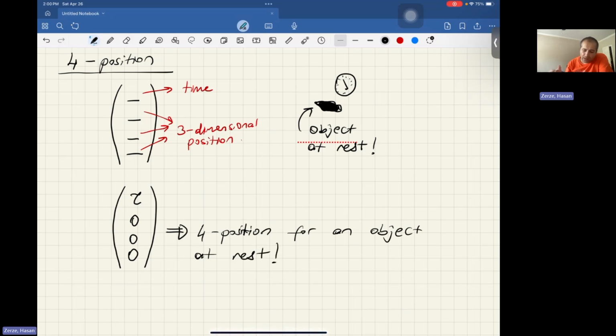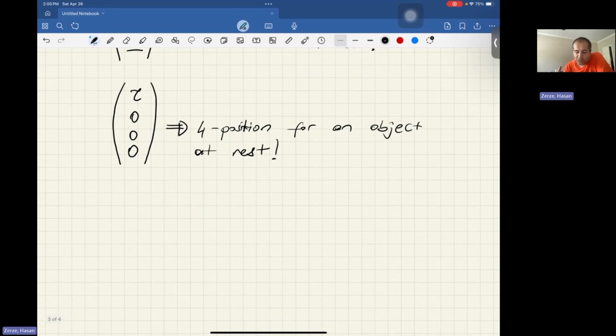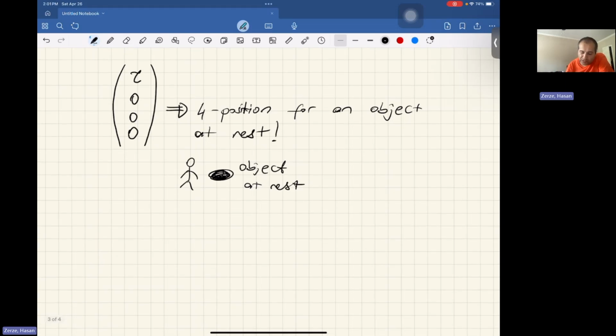Now, this is the simplest one, but once you have this for the rest object, you can go from one reference frame to another to find the four-position in a different coordinate system. Say this is your object at rest, and this is the person measuring the time as tau, because it's in the same rest frame of the object.